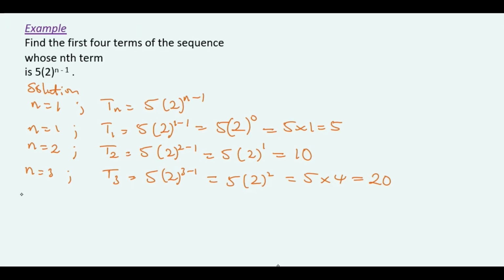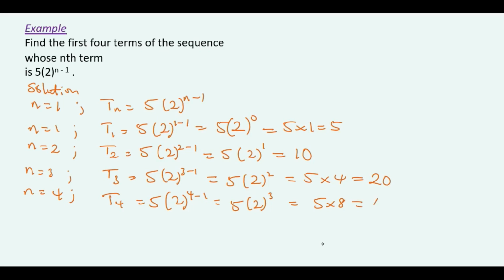So we also need to get n equals 4. That's the fourth term. You have the fourth term to be equal to, anywhere we see n, we are putting 4 there. 4 minus 1. You have 5 into bracket 2 raised to power 3. 2 raised to power 3 means 2 times 2 times 2, which gives you 8.